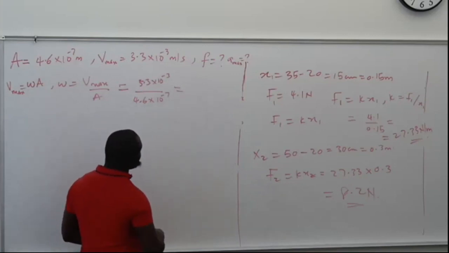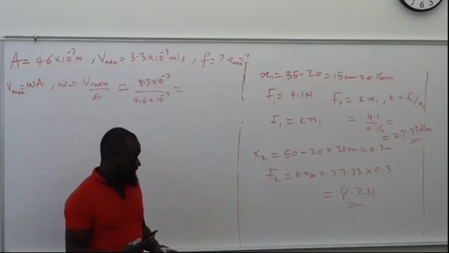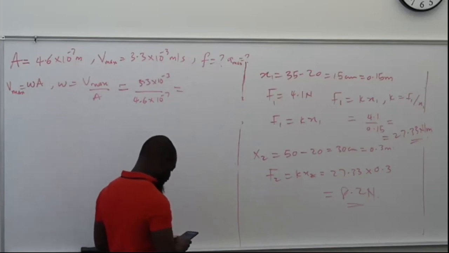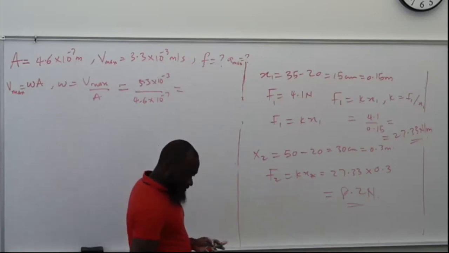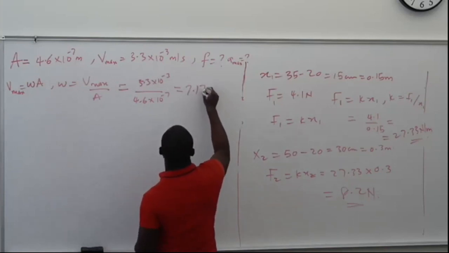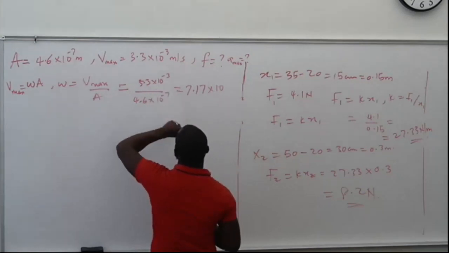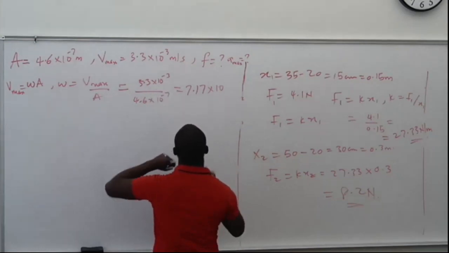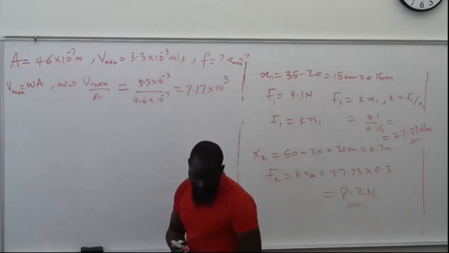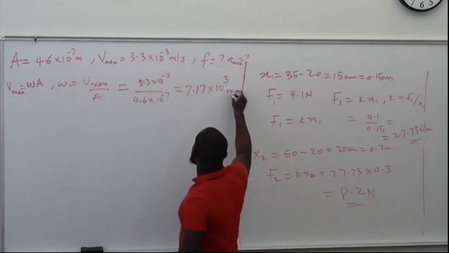That gives me 3.3 divided by 4.6, which is 0.717, times 10 to the power of negative 3 minus negative 7, which is 4, so 7.17 times 10 to the power 3 radians per second.